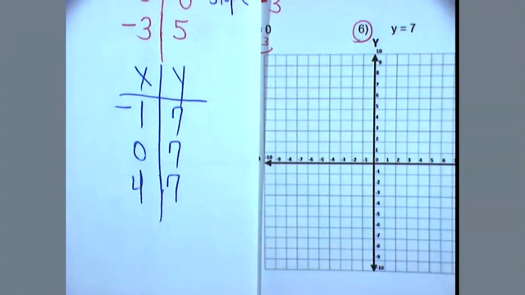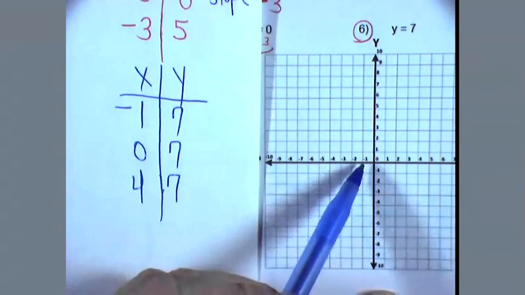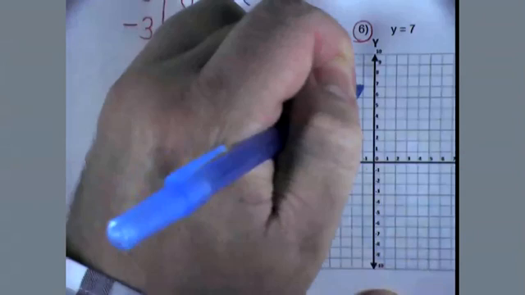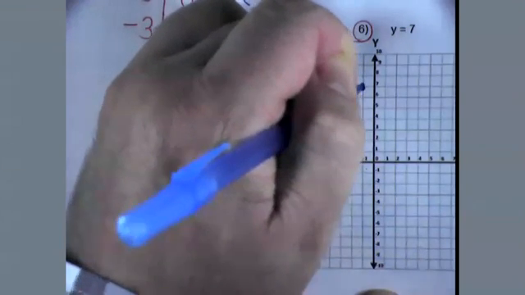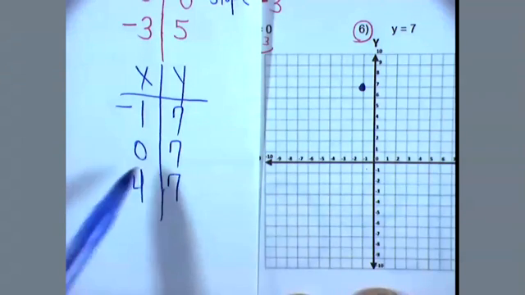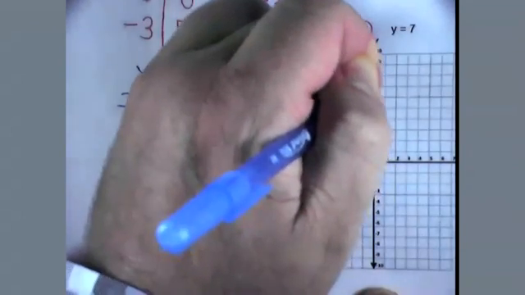And just like that, we got 3 easy ordered pairs to plot. So -1, 7 means we go to the left 1 and up 7. 0, 7 just means we go up 7 spots and stop.